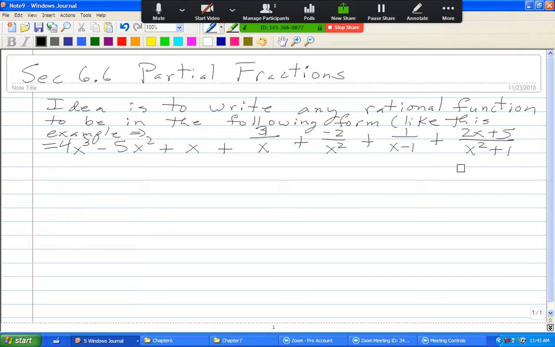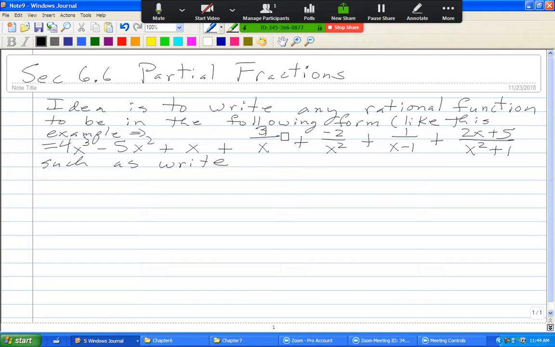First off, I guess what I'll say is that if I have a rational function, certainly I can divide it and I'll get a polynomial plus some remainder.